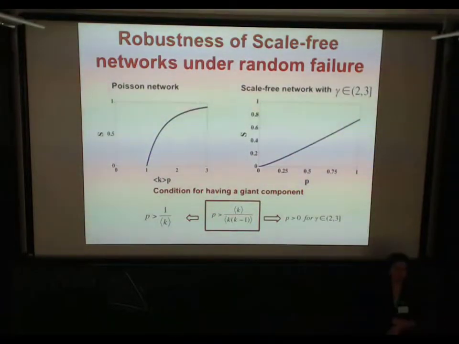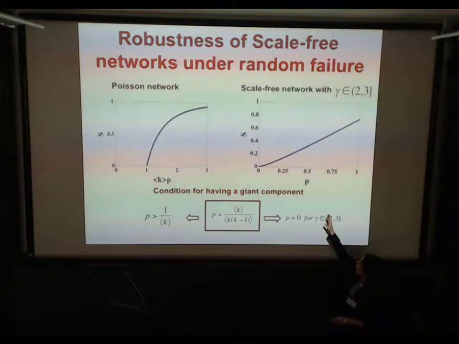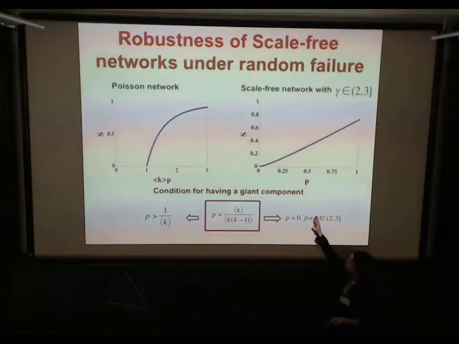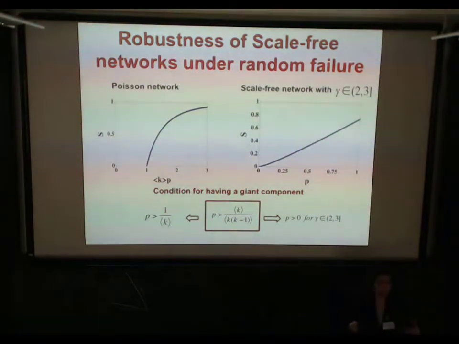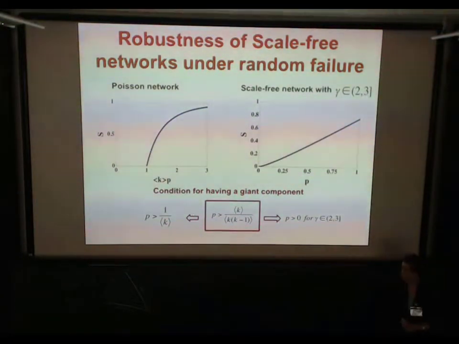For a scale-free graph, actually this threshold goes to 0, meaning that you can keep going and damaging, and since these hubs keep the network together, you can damage almost all the nodes of the network and you still have a giant component.